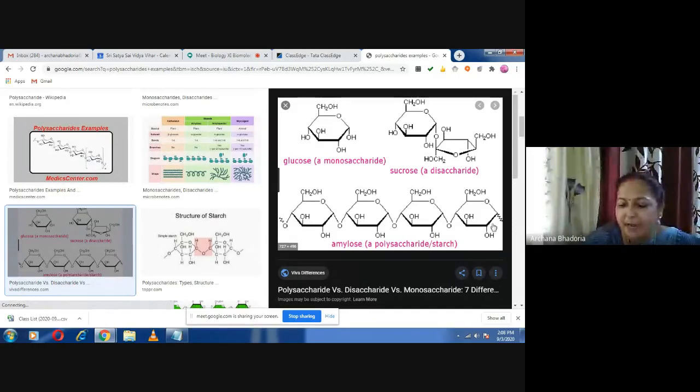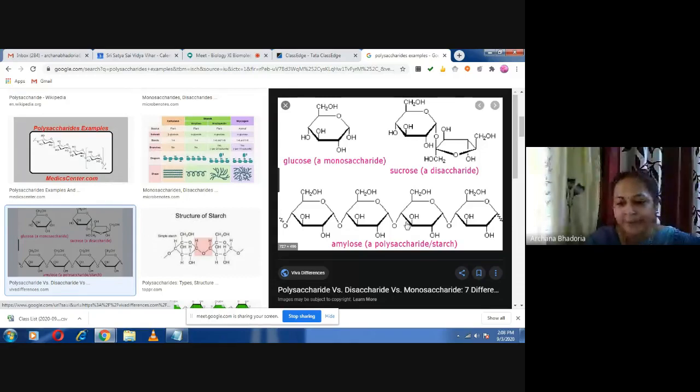monosaccharides. So this is amylose, which is a polysaccharide, that is starch. Commonly we call it starch. So starch is a polysaccharide. Now I hope you have understood that glucose is a monosaccharide, but maltose is a disaccharide.